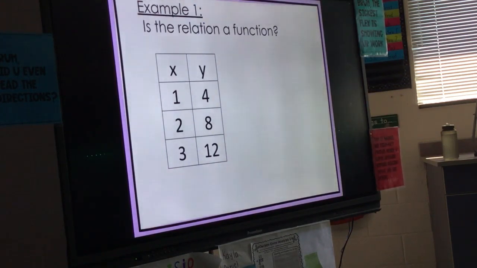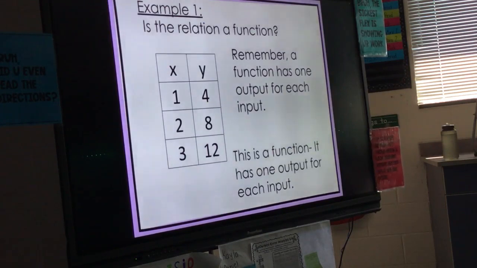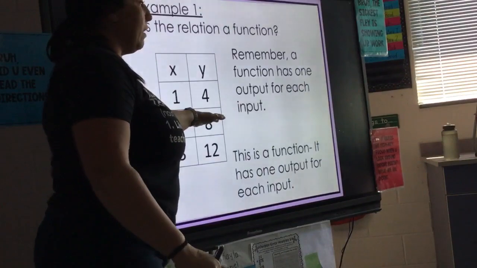So, do you guys think this is a function? Or do you think this has a relationship? Okay, so make sure next to that information that you wrote there, you write that this is a function, and it is because it has 1 output for each input. And again, your input is your x, and your output is your y.